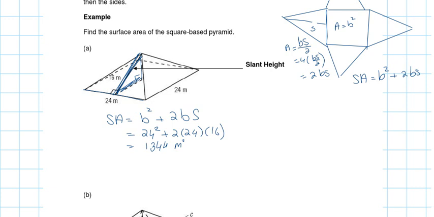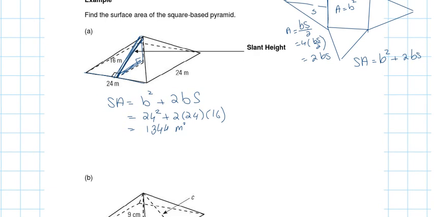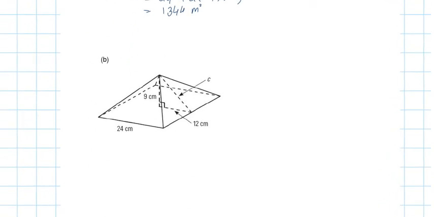Are we okay with this? So again, this is a square-based pyramid. Okay? What do I know? What am I missing? I'm missing the slant height, correct. So I know the right angle triangle, which is this.